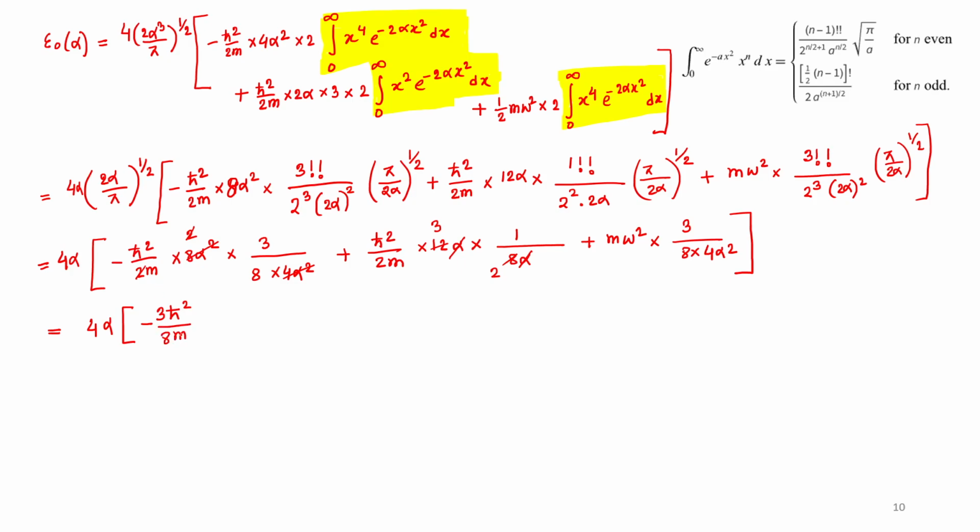Then this side we have 3h part square by 4m.